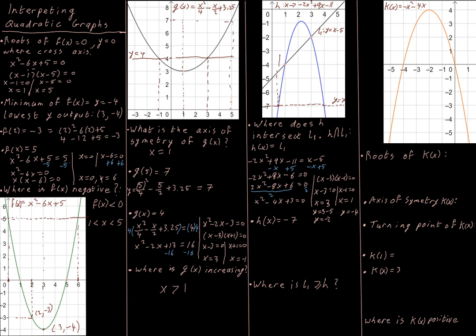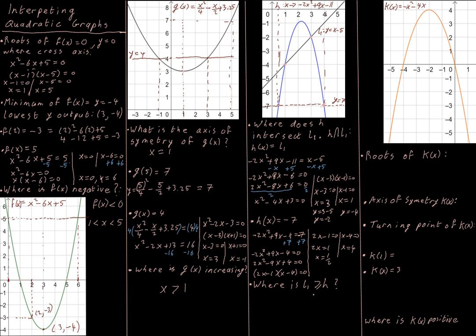That would be at about 0.5 and at exactly 4. Solving, rearranging, we get the same values. So again, where is our blue line crossing y is equal to minus 7? We would find the coordinates of this point and this point, so it would be 0.5, minus 7 and 4, minus 7.